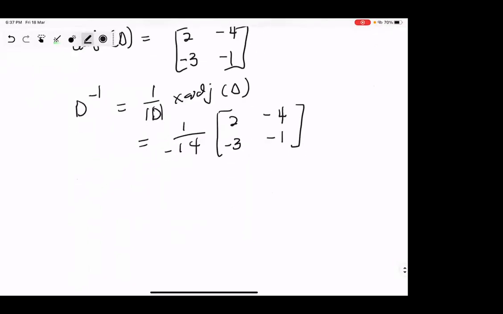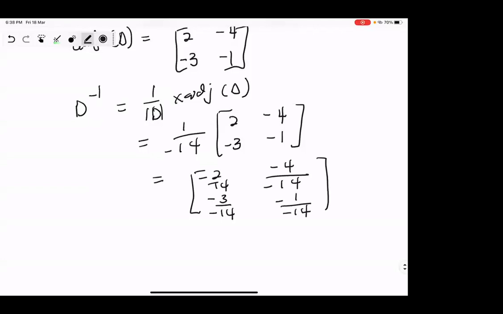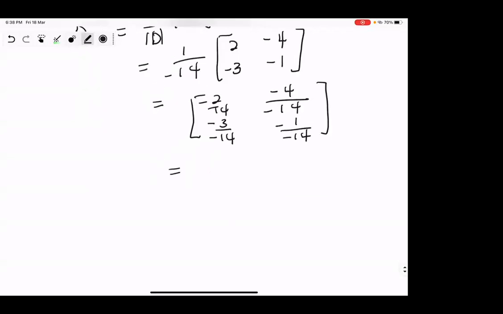Scalar multiplication, so you multiply the scalar by every component of the matrix, and this is equal to -2 over 14, -4 over -14, -3 over -14, -1 over -14. If you simplify this further, this is -1 over 7, 2 over 7, 3 over 14, and 1 over 14. That is the inverse of D.